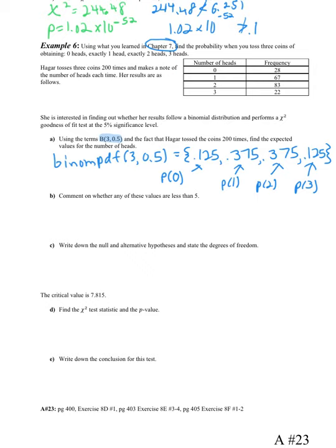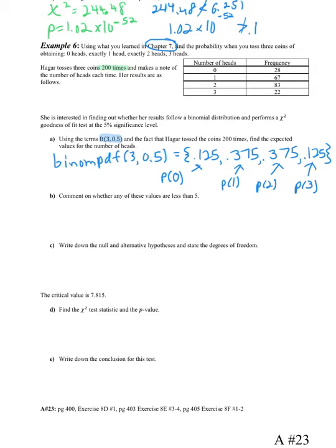Now we're going to multiply by the expected frequency, right? We toss the coin 200 times.